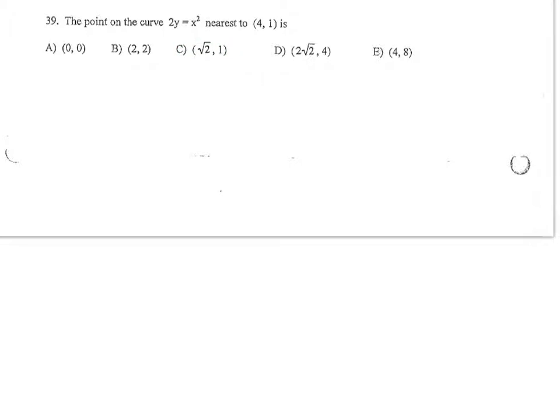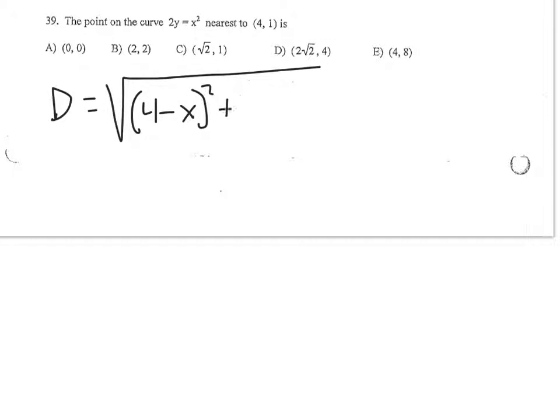All right, problem number 39. We just saw one just like this. The point on the curve nearest to 4, 1. I'll let you work through that. It does take a little bit of time. To do this, you want to find a distance formula here. This is the distance between 2 points.